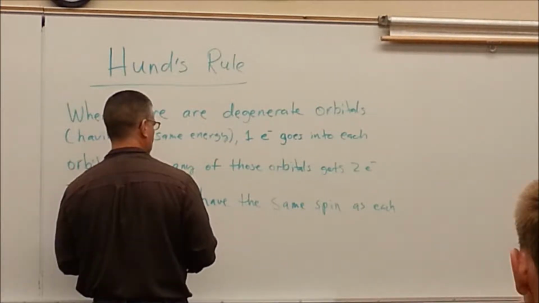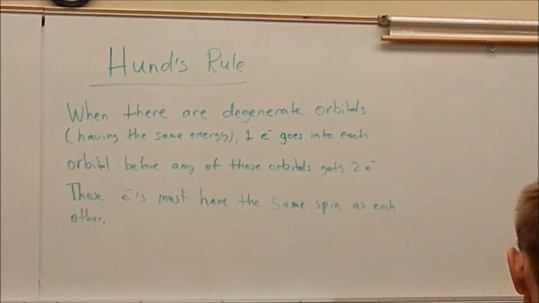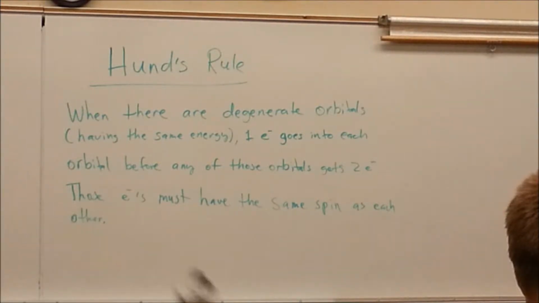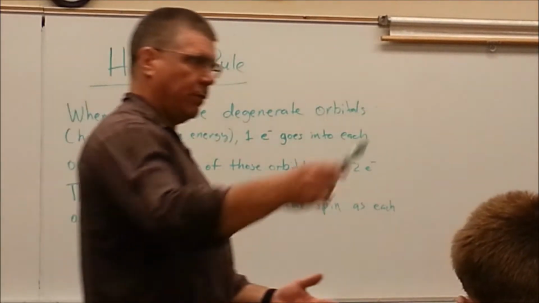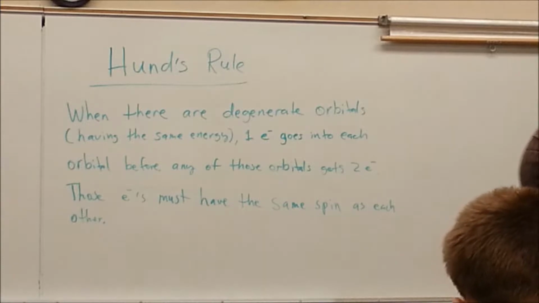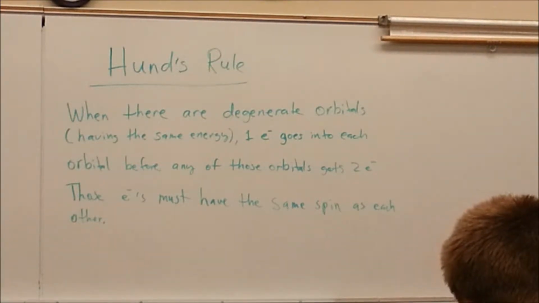Looking at my conclusion, you see, when you have degenerate orbitals, degenerate means they have the same energy as each other. For instance, if you remember back to those arrows in the mnemonic device, the 1s subshell, then the 2s, and then we got to the 2p subshell.